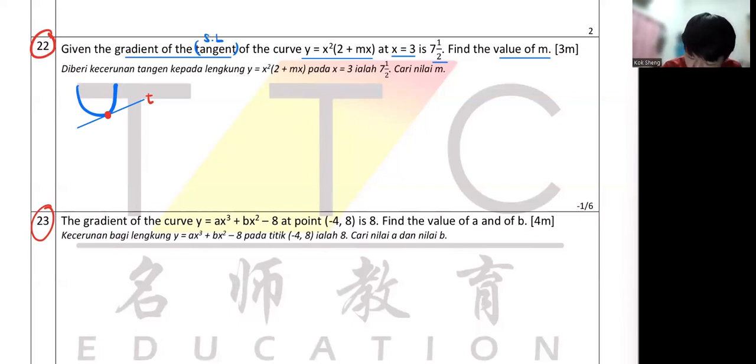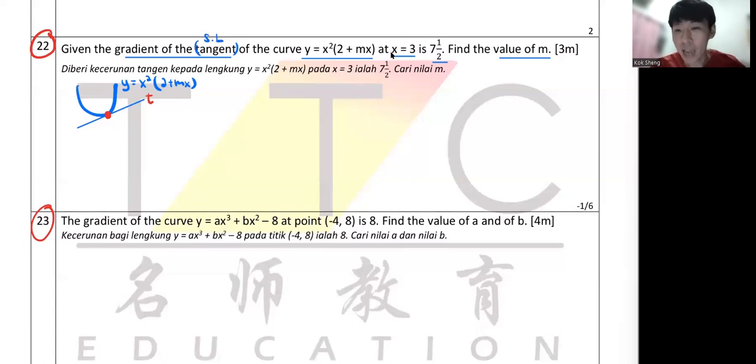Okay, tangent. So from here, you are given the curve equation, x squared plus mx. Okay, I copy here first: x squared plus mx. Okay, this is your curve equation. And then continuing, the gradient of the tangent at x equals to 3.